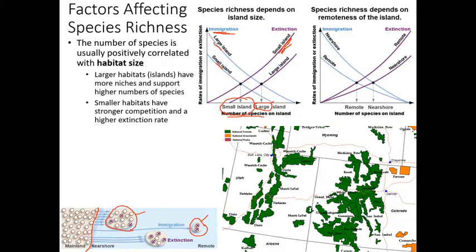So what we can see down here in this map is the Four Corners and Wyoming region. The green and the orange are showing you preserved land. So essentially what we have is this really relatively large island, right? It might be surrounded by houses, it might be surrounded by anything else, but this large green splotch here is showing us preserved land.